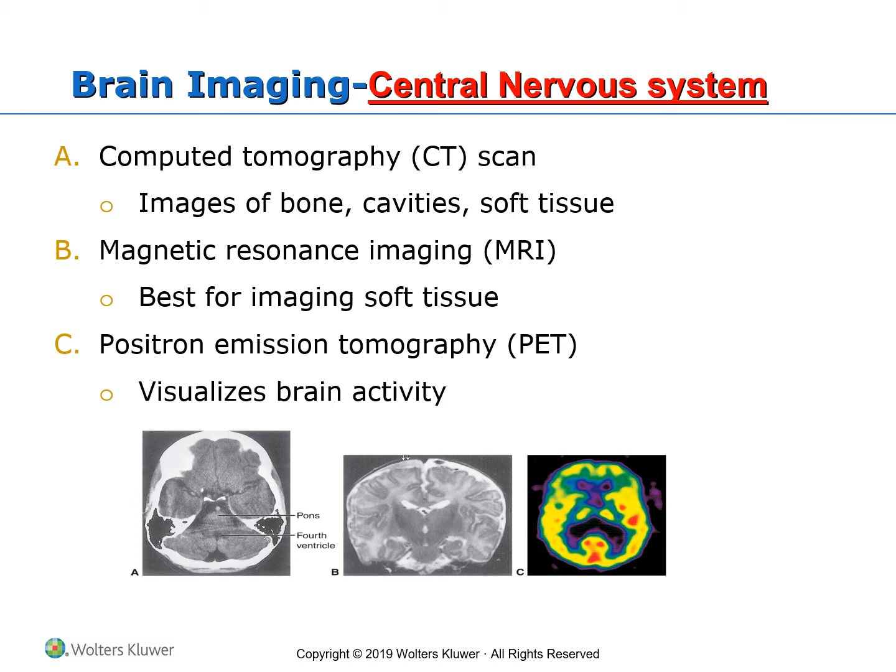The computer tomography or the CT scan will provide 2D images, and with the new modern machines, based on those 2D images, they can create 3D imaging of the brain, and we can have information regarding the bone, the soft tissue, and any cavities in the brain.